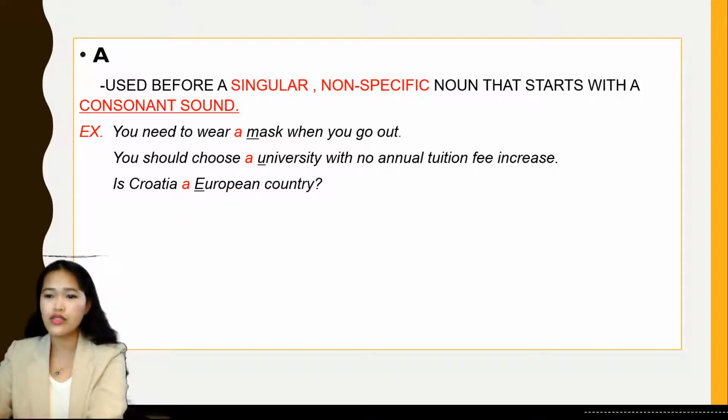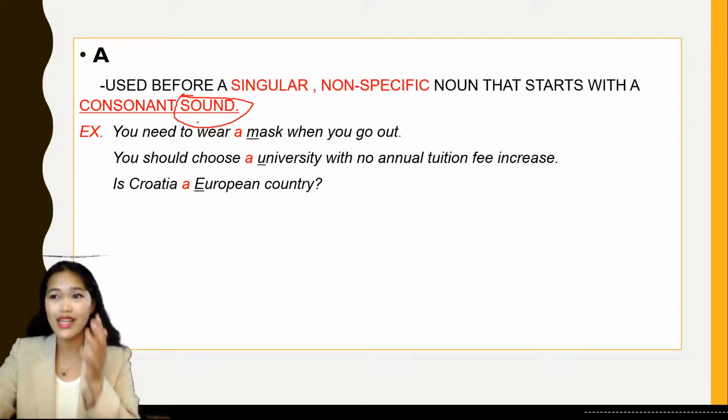As you notice here, we are particular with the sound. We use a before a noun that has a consonant sound, not the consonant letter. We're not particular about the letter but the sound.